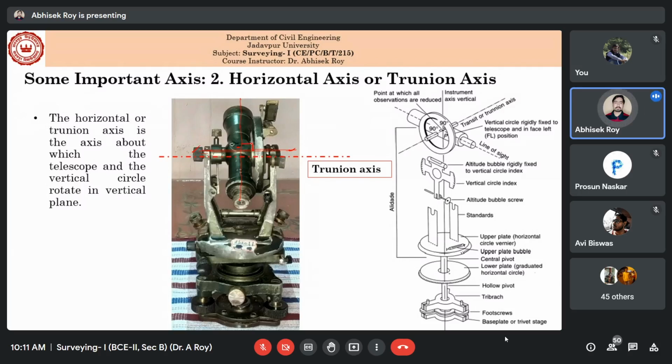Ideally it should be at 90 degrees. Similarly, the vertical axis is also there, right? So the vertical axis also should be perpendicular to this horizontal axis or trunnion axis. So all these relations should be there.